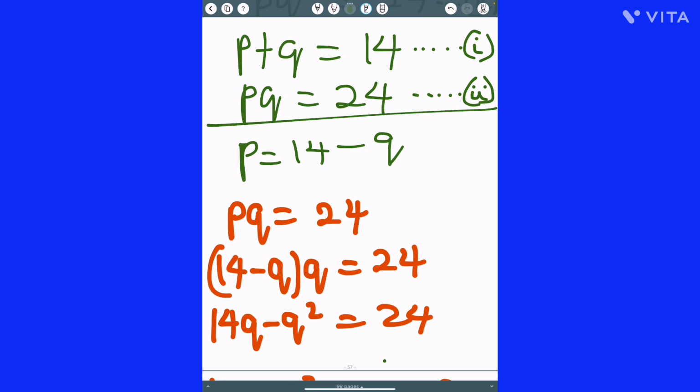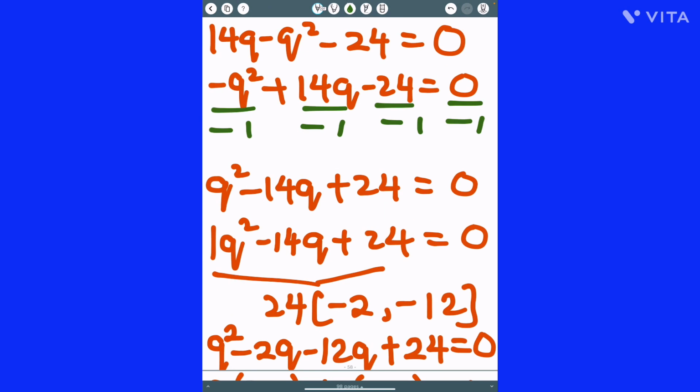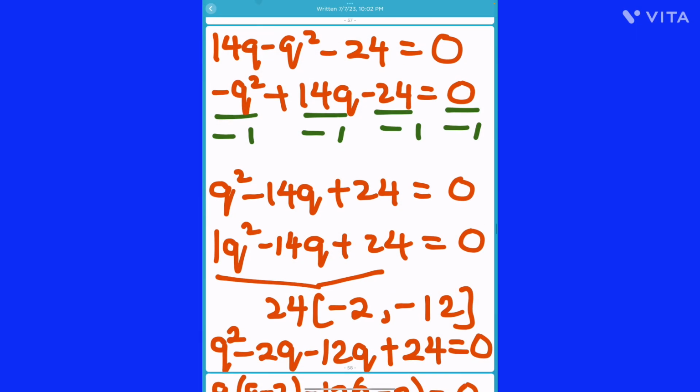So pq is equal to 24. On expansion, I'll get 14 times q, 14q, minus q times q, minus q squared, is equal to 24. That's one step there. Then if I rearrange, I'll get minus q squared plus 14q minus 24 is equal to 0.